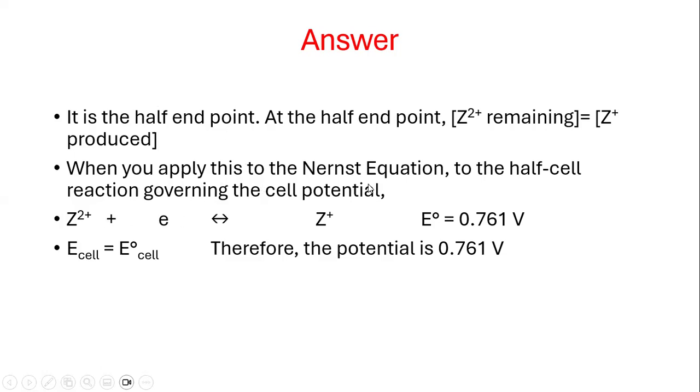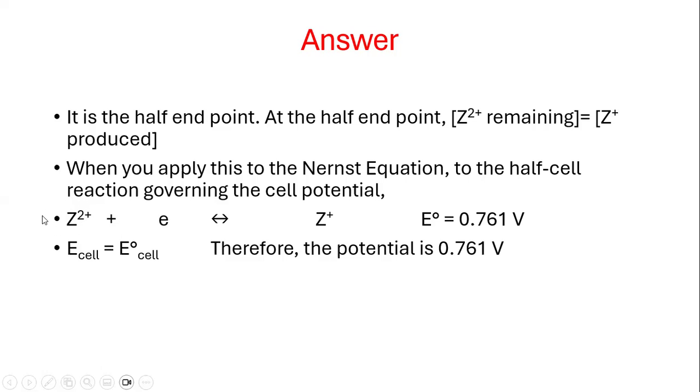When you apply, then at the half endpoint, you have to tell that the E naught value is equal to the E naught. The cell potential is governed by the ion that you have.